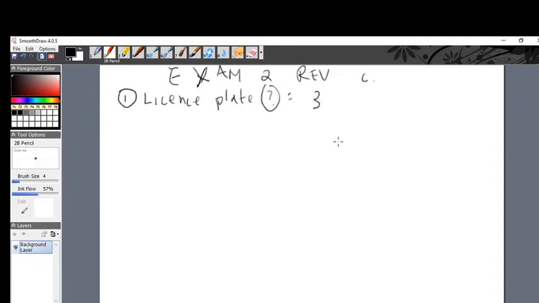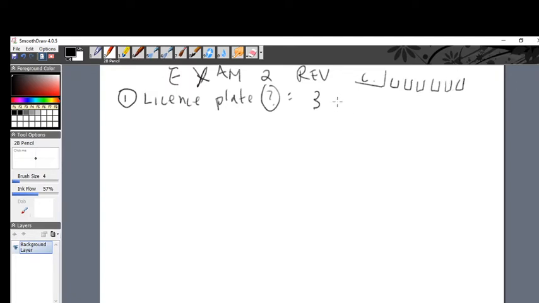The first 3 digits are going to be the first three places on the license plate. It'll have 6 places on the license plate, 1, 2, and 3, and then another 1, 2, and 3.